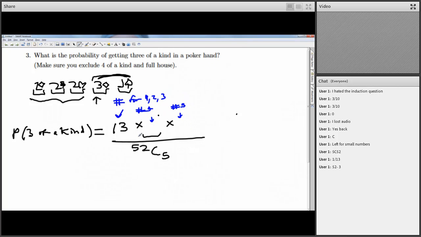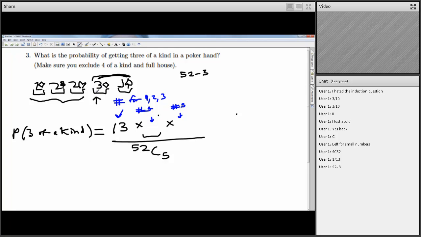So you think there'd be 52 minus 3, and unfortunately that doesn't quite work in this situation, and I'll explain why, although it's a good guess. 52 minus 3, which would give you 49, would allow that this card here be a 2 again. So it allows the 2 to crop up again.